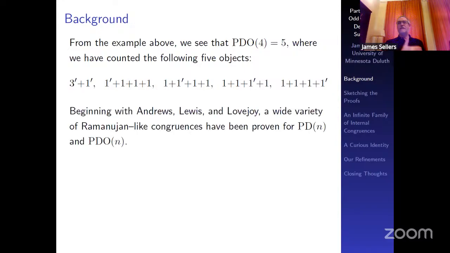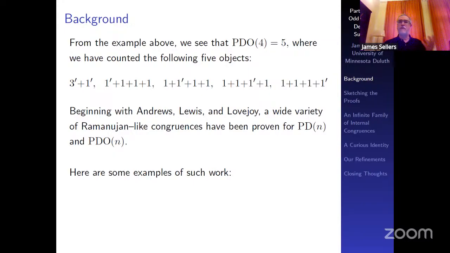So if you go back to that original paper from 2002, you'll see a number of Ramanujan-like congruences that Andrews, Lewis, and Lovejoy proved for both PD and PDO. What I would like to do just for a moment is show you a bit of an abbreviated bibliography of some of the papers that have arisen where the authors have focused on Ramanujan-like congruences for these functions.